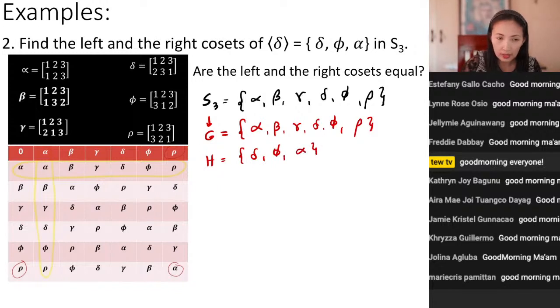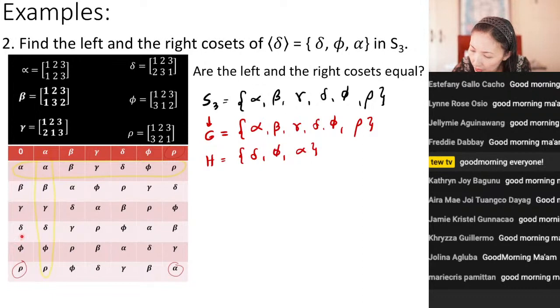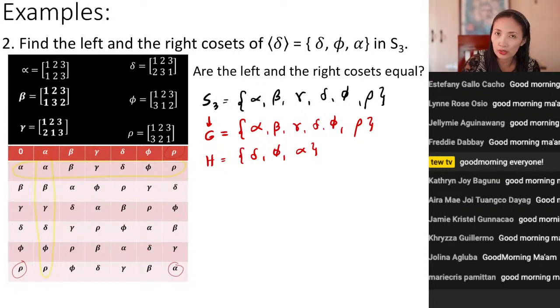Is this really a subgroup? You can check. Let's look into the table. Delta times phi is alpha, correct? Next, delta times delta is phi. Phi times phi is delta. So, it's closed with respect to the operation.